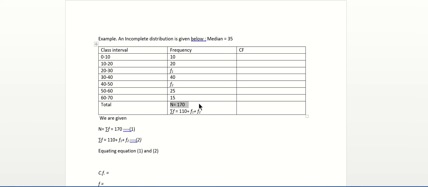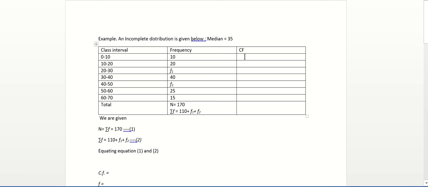Now we need to calculate F1 and F2. One more thing I have already done, I have calculated sigma F. I have totaled 10 plus 20 plus 40 plus 25 plus 15, all these frequencies, that is 110, and F1 plus F2. So 110 plus F1 plus F2 is given to us.